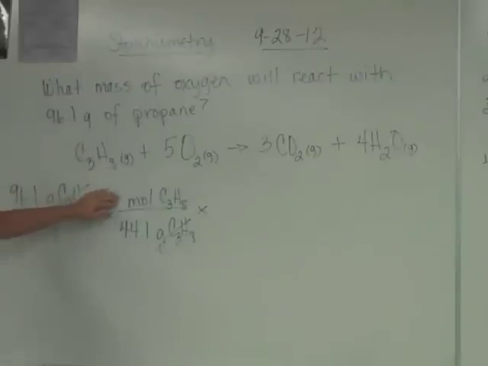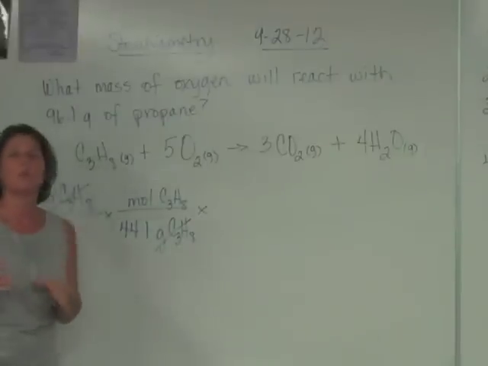I'm not looking for moles of propane. What am I looking for? Well, eventually I'm looking for mass of oxygen. So I have got to convert this moles of propane to moles of oxygen. And to do that, I am going to use something we call the mole ratio.